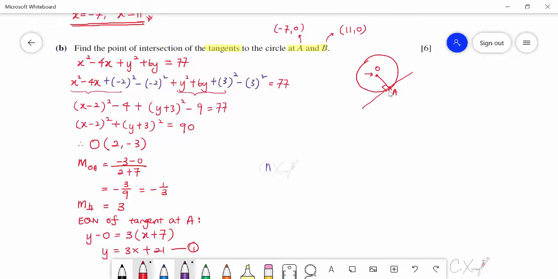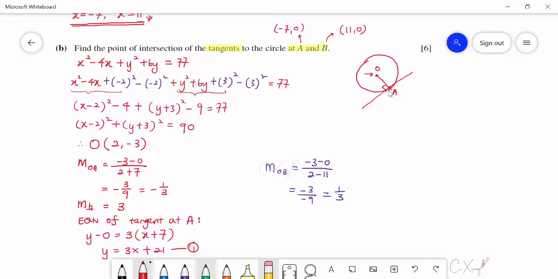I want to find the gradient for OB. Again, O is -3 now. So y minus y1 divided by x minus x1, and in this case we have -3 on top and -9 at the bottom, giving 1 over 3 positive.